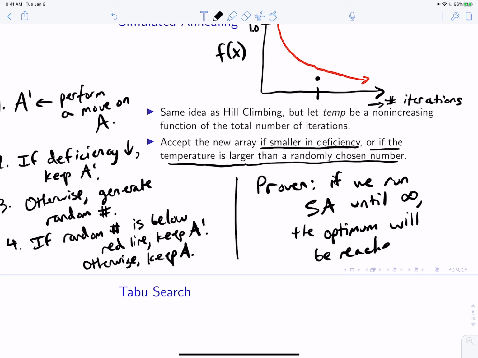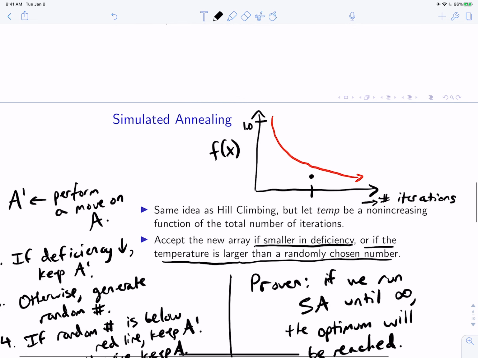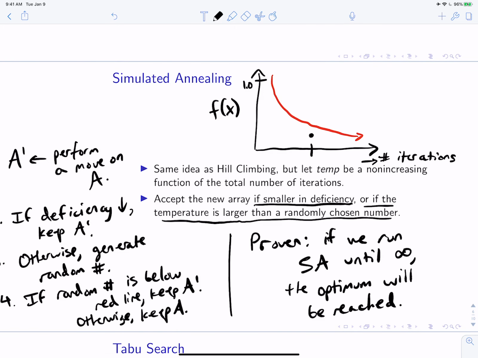So if we run it for an extremely long time, we will get the optimum answer. That's actually been proven. So that's pretty amazing compared to the other two methods, which don't guarantee to get the optimum value. Whereas with simulated annealing, you are guaranteed to if you run it long enough.